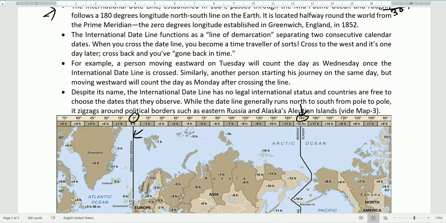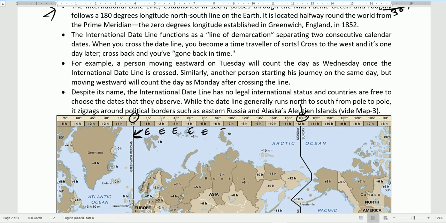Let's see here. This is Greenwich, and the international dateline is here. Here we have 15 degrees east, 30 east, 45 east, 60 east, 75 east.